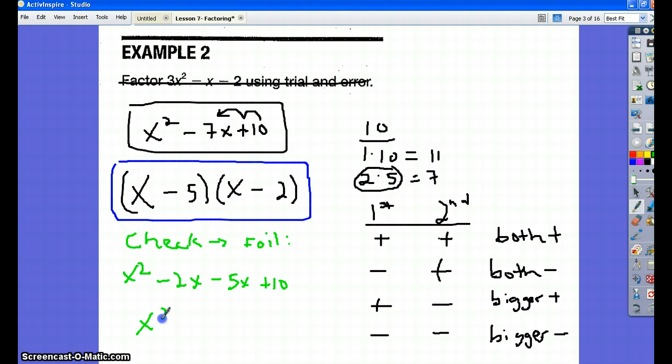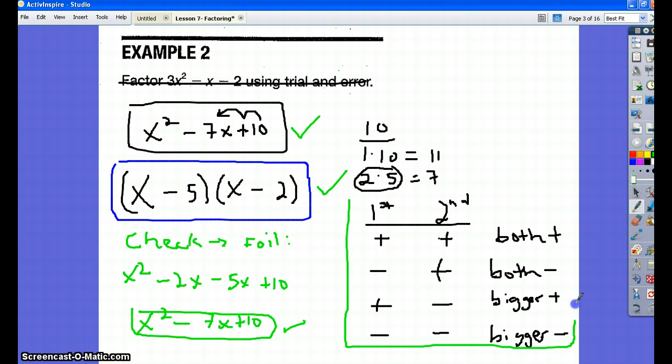Combine like terms, x squared minus 7x plus 10, which is our original problem. So check and check. So therefore, this is the answer. Okay, so it would help to memorize this. Now, again, this only applies to simple trinomials. Simple trinomials mean when it's just x squared, there's not a number there. So what happens when there's non-simple trinomials? Well, let's look at that.